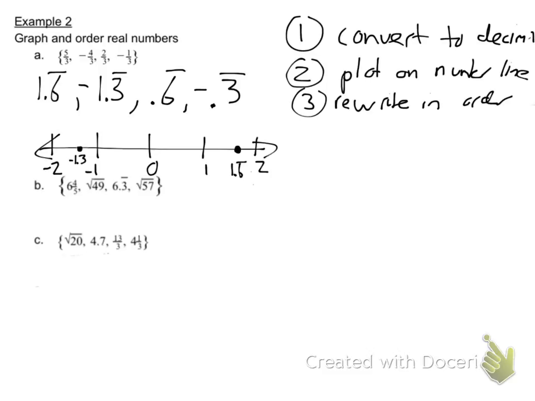Then I go to 0.6, and that's a little over halfway between 0 and 1. Oops, wrong one. So 0.6, and -0.3 is less than halfway. Repeats, right?